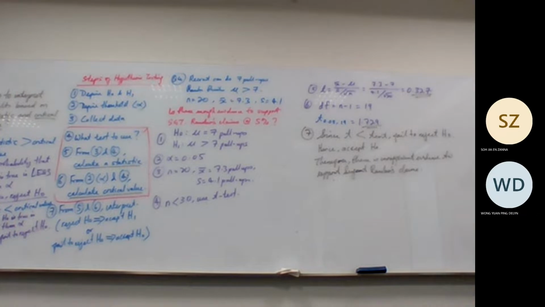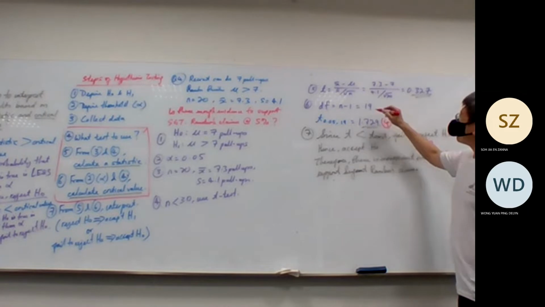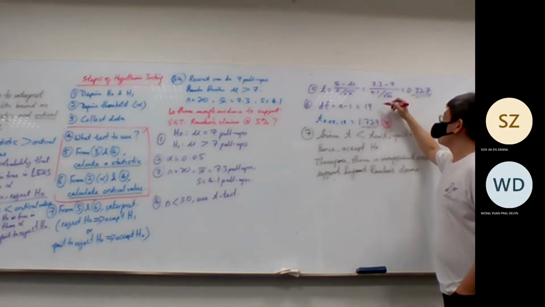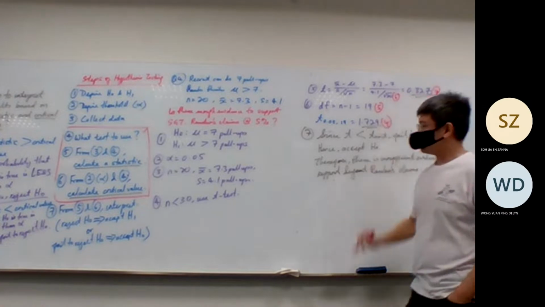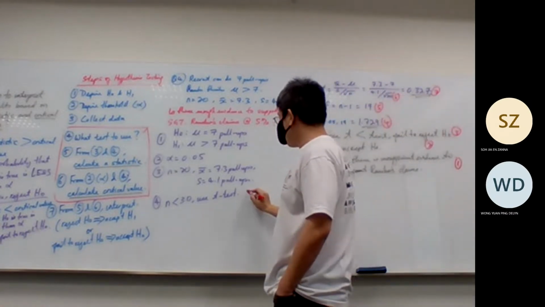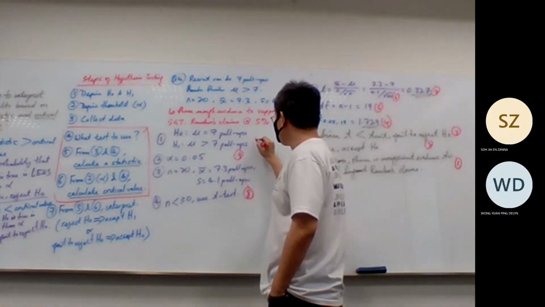So same thing here, it is a 10-mark question. But how we distribute the 10 marks is still here: 1, 2, 3, 4. But we tend to give you 1 mark for degrees of freedom, assuming you get it right. 5, 6, 7, 8, 9, 10.